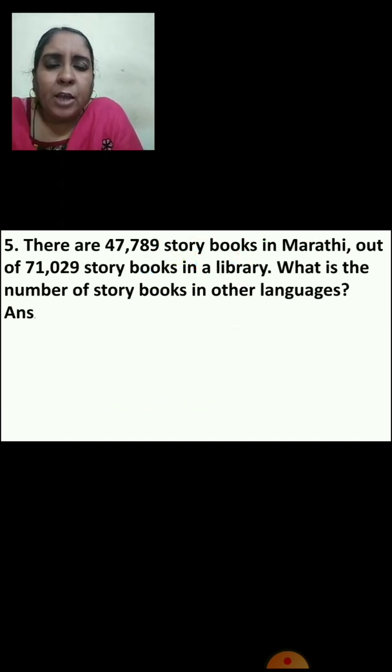Now we will do the last word problem. Okay. There are 47,789 storybooks in Marathi out of 71,029 storybooks in a library. What is the number of storybooks in other languages?